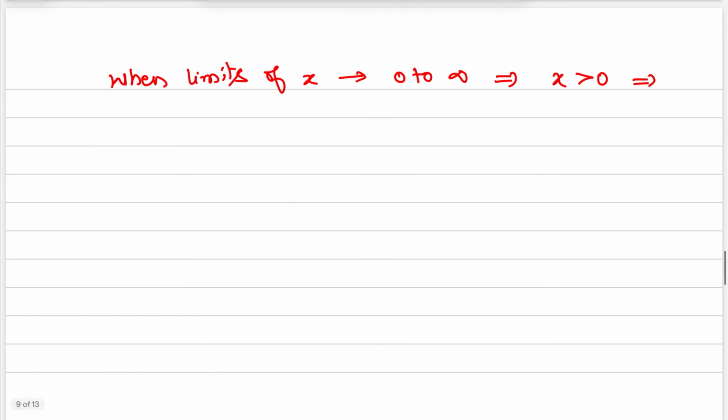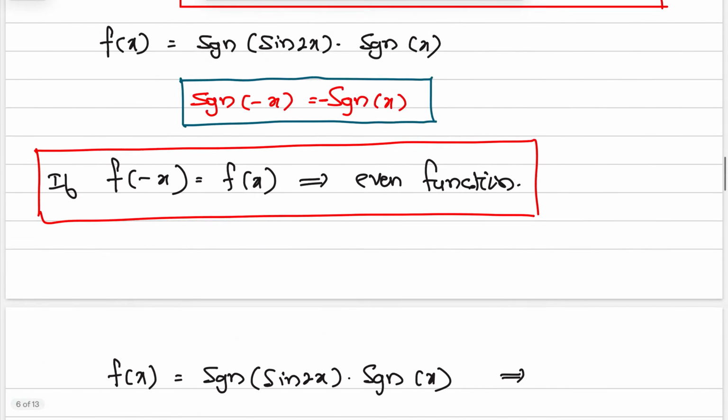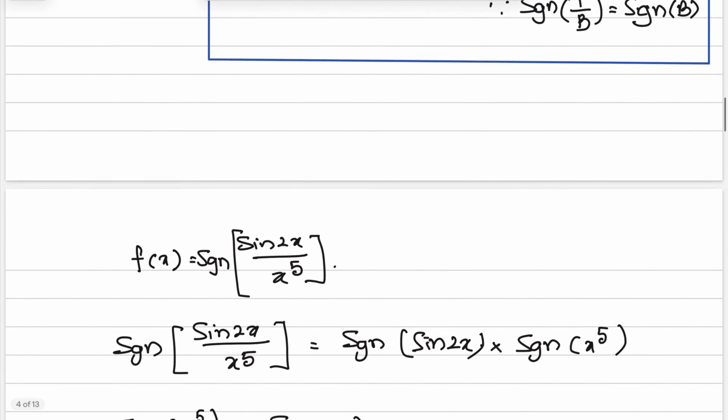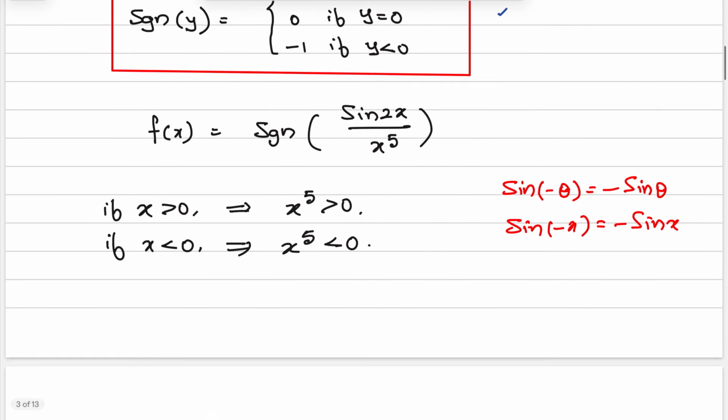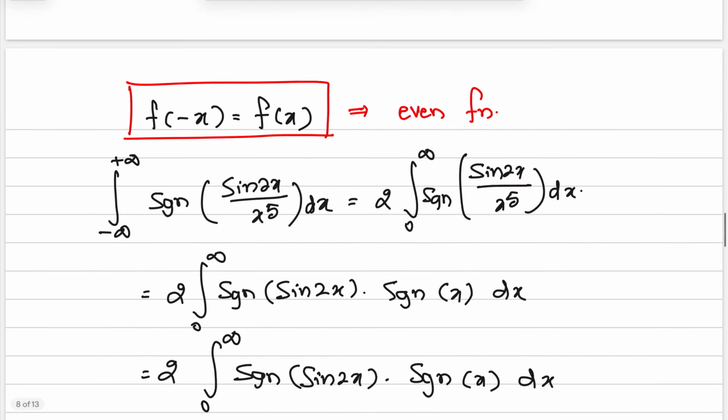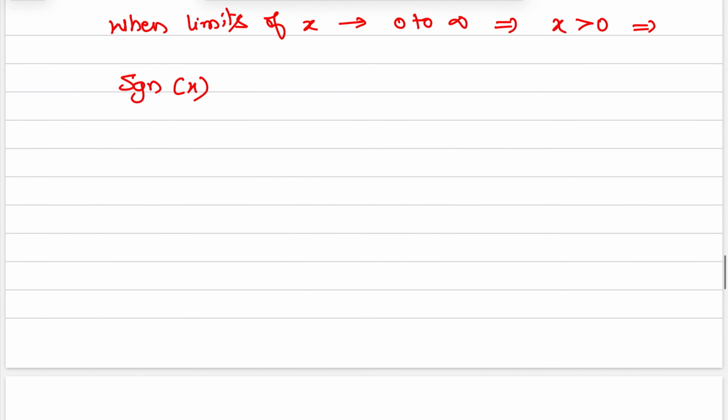That implies signum x, when x is greater than 0, from the definition of the signum function, its value is 1, for x greater than 0.